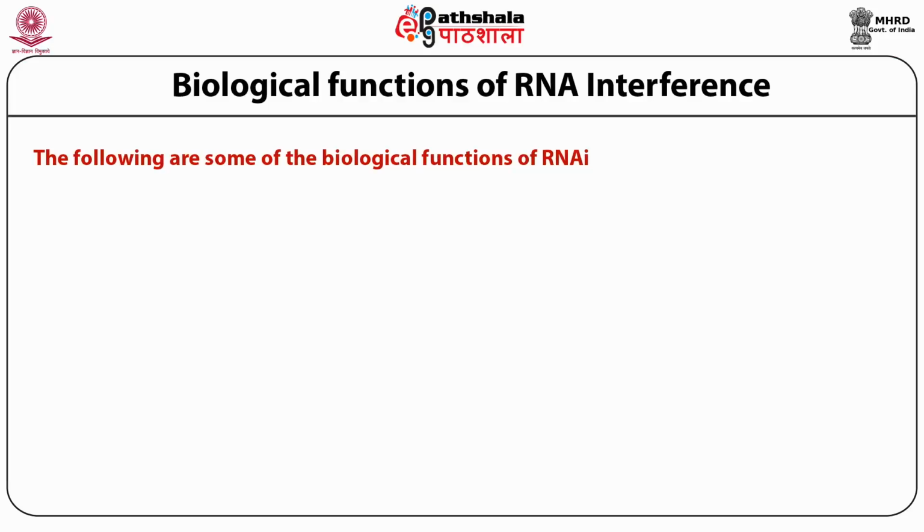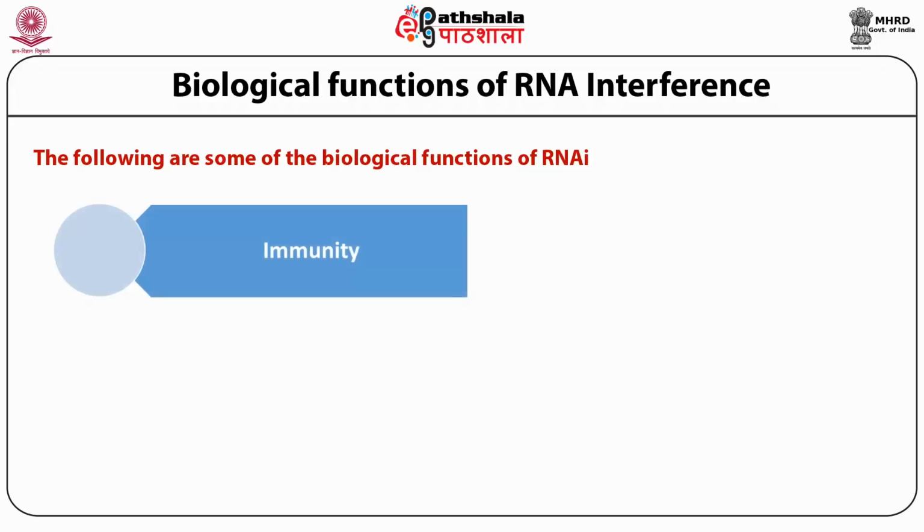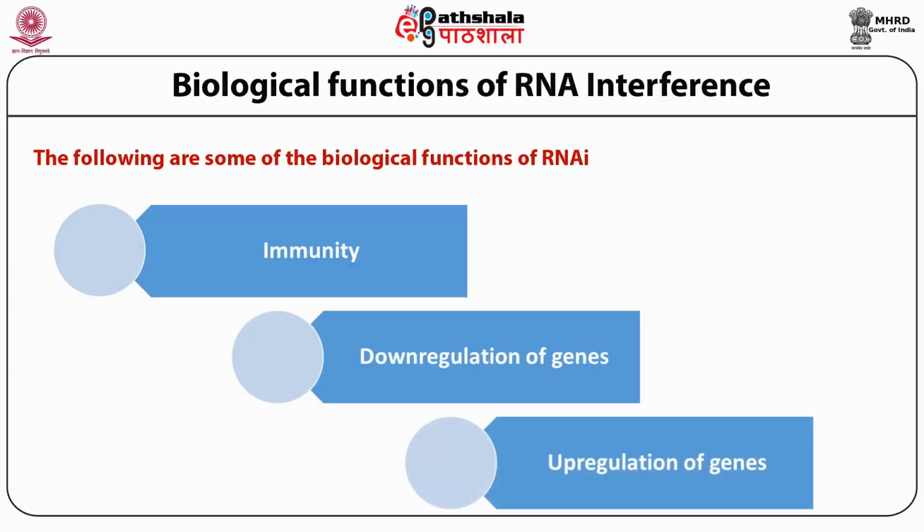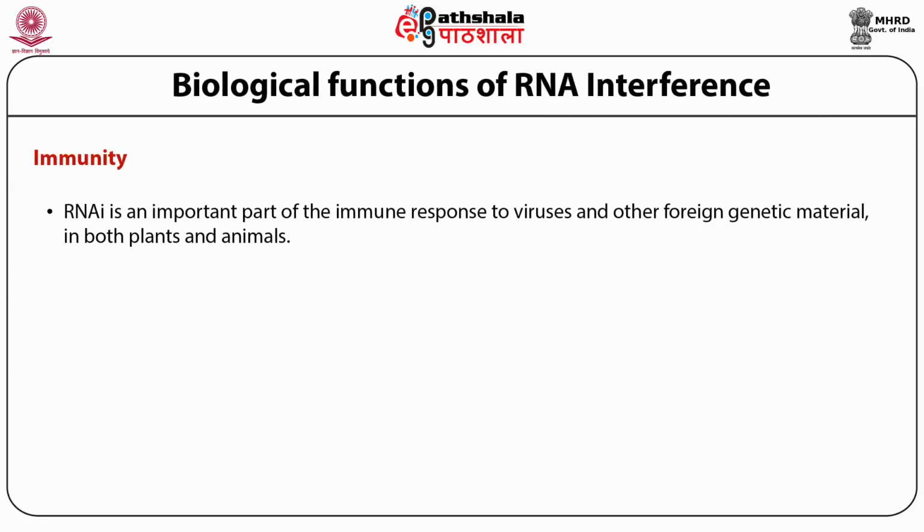RNA interference provides immunity against viral infections or the entry of any foreign exogenous DNA. RNA interference also mediates both the downregulation and the upregulation of genes. RNA interference is an important part of the immune response to viruses and other foreign genetic material in both plants and animals. In plants, RNA interference prevents the self-propagation of transposons.